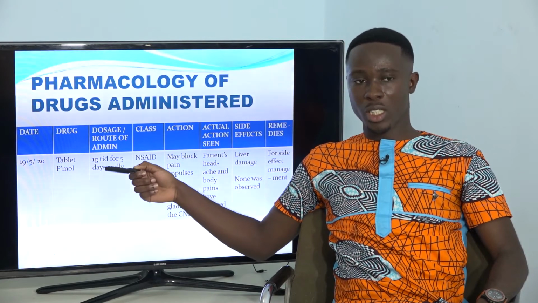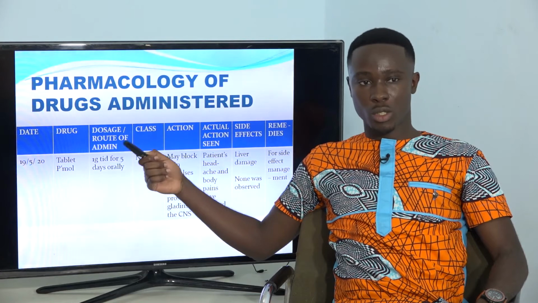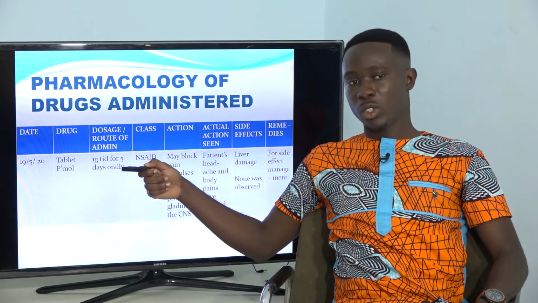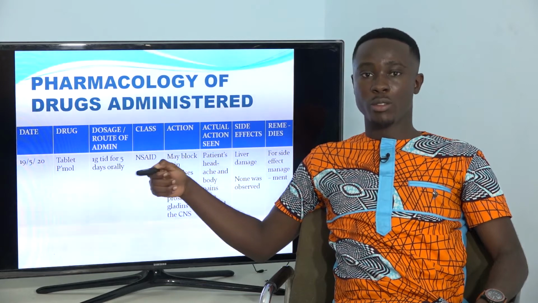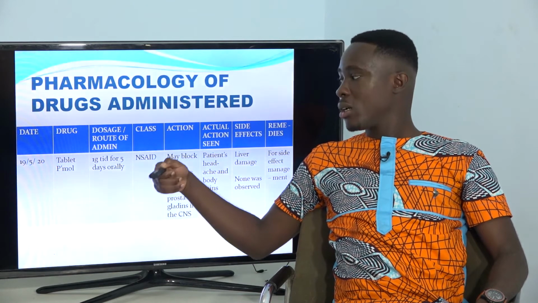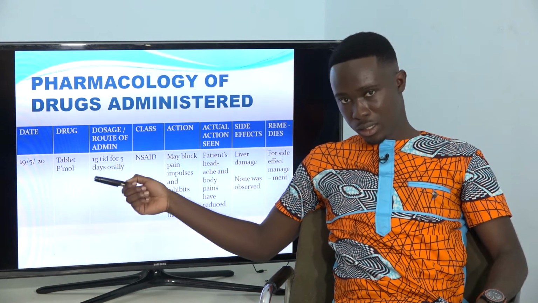You can have certain medications like insulin, which is given subcutaneously, or heparin, which is also subcutaneous, or rectal medication, suppository paracetamol, which makes the route rectal.